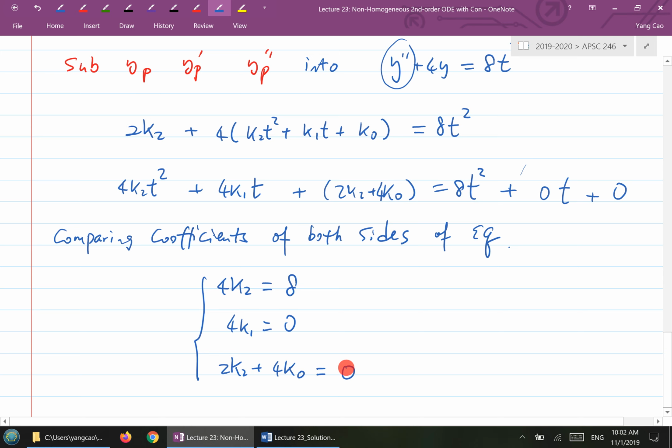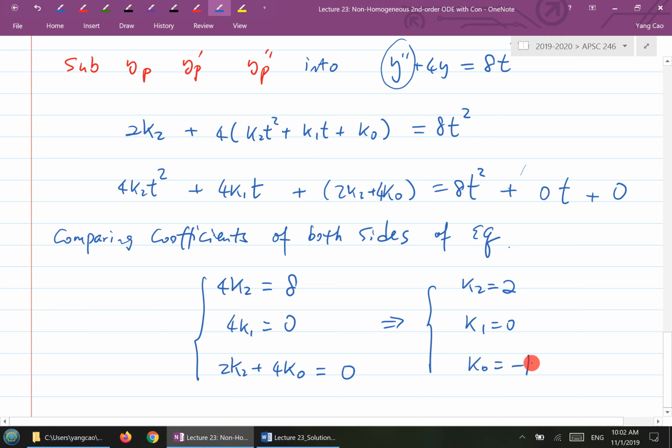So this time you have 3 equations, and then you'll be able to solve for all 3 constants. k2 equal to 2, k1 equal to 0, and then k naught equal to what? 2 times 2 is 4, so k naught equal to -1.